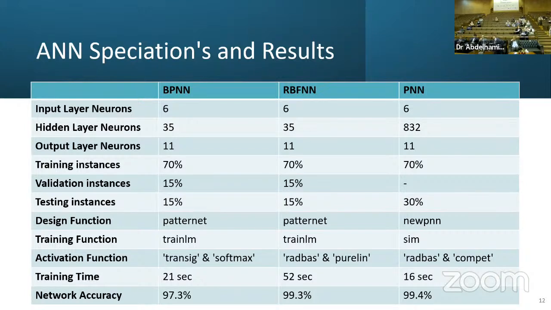However, it takes longer than the other two models, with 52 seconds. The probabilistic neural network dominates over the other two models by giving the highest accuracy of 99.4% in 16 seconds.